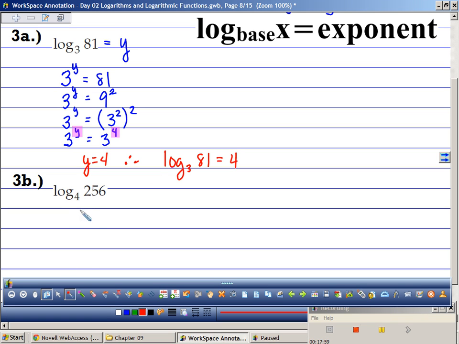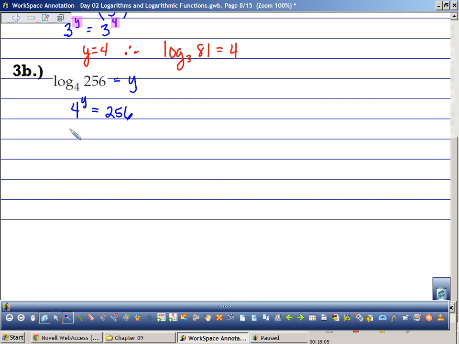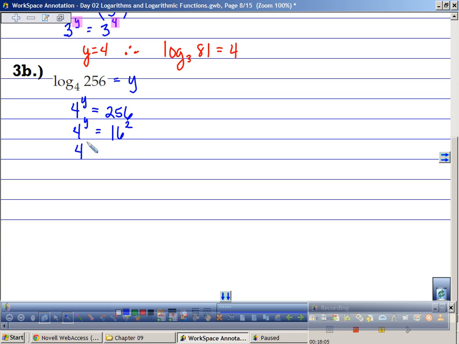Okay, so what am I going to begin with? The base. What's the base? 4. So 4, then what? I go from the base to the exponent. What's the exponent? Y. 4 to the y equals 256. What's the square in 256? 16 squared. Well, we don't need to go much further, right, Ryan?